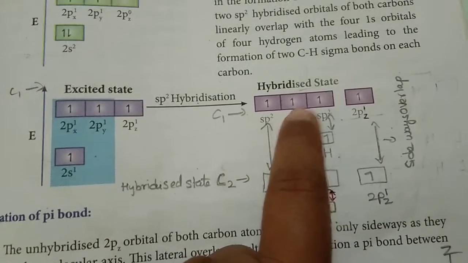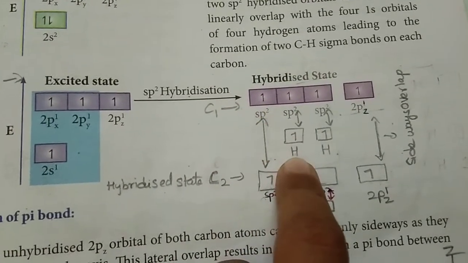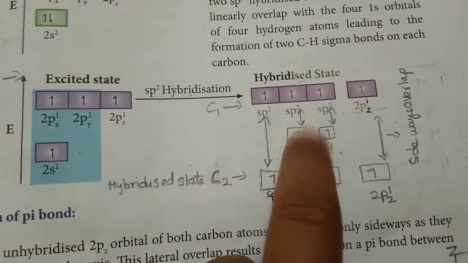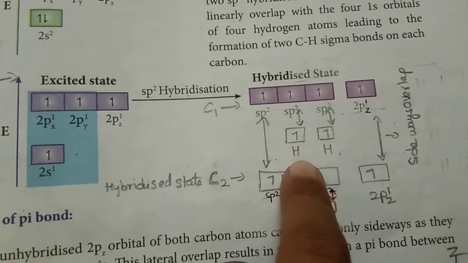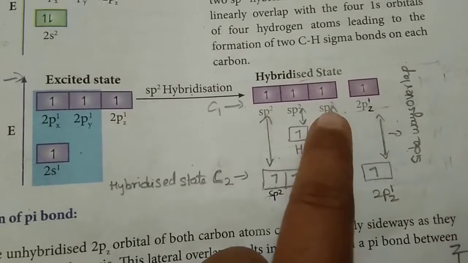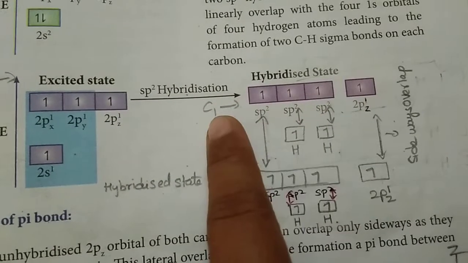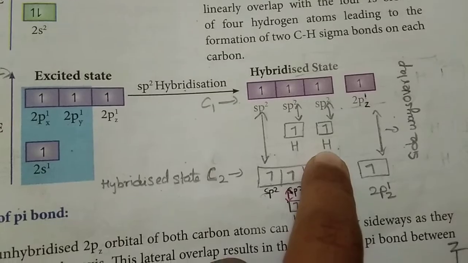Then the sp2 hybridized orbital of carbon 1 overlaps with one of the hydrogen atoms forming a sigma bond, and another sp2 hybridized orbital of carbon 1 overlaps with another hydrogen atom forming a sigma bond.